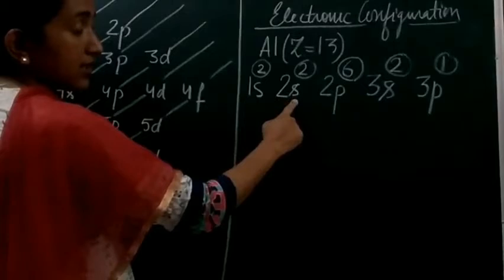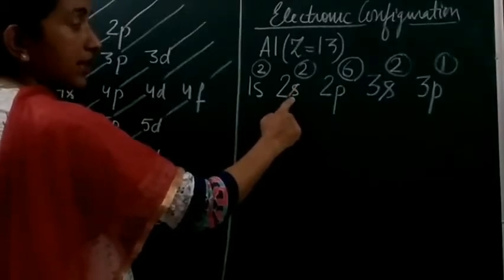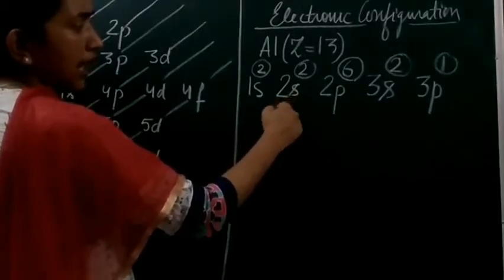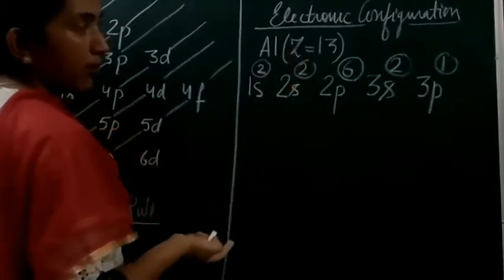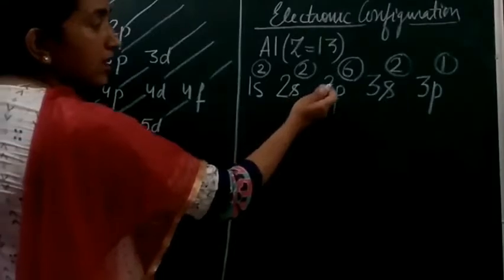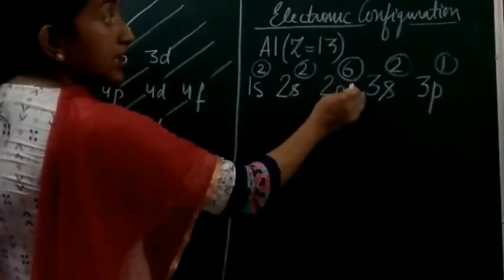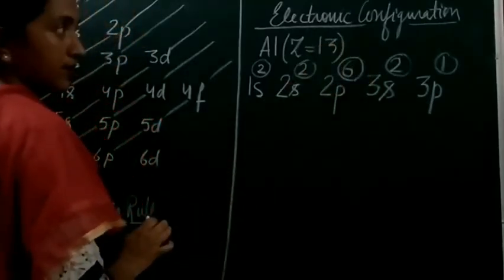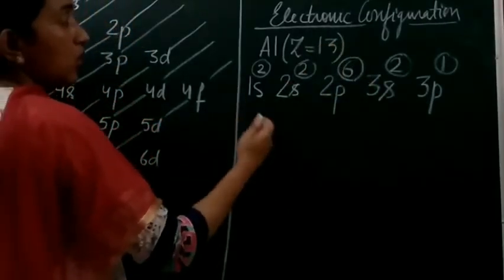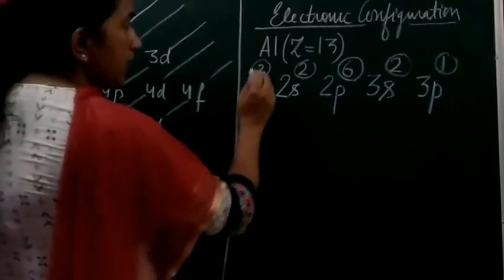S indicates the azimuthal quantum number. Since the s subshell has only one orbital, it is indicated by this only, and this 2 is indicating the number of electrons. Here we are just writing the configuration till the subshell, and writing the total number of electrons in an orbital.